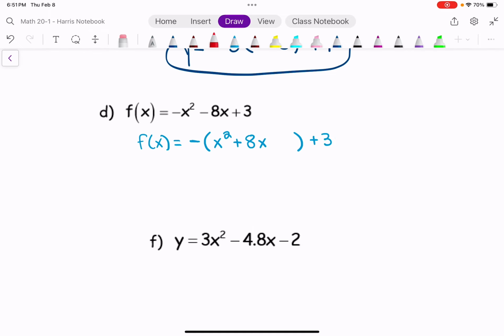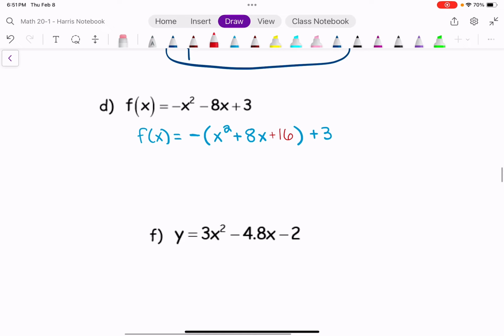Okay, so 8 divided by 2 is 4. 4 squared is 16. So I have a positive 16 that I'm adding here. Because I'm adding it, I need to make sure that I am also going to take it away. But because this is my leading coefficient of negative 1 times 16, I'm technically adding a negative 16.